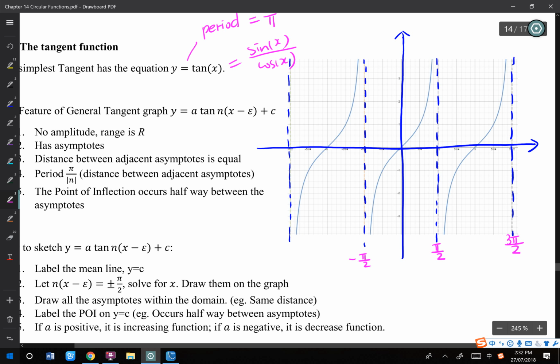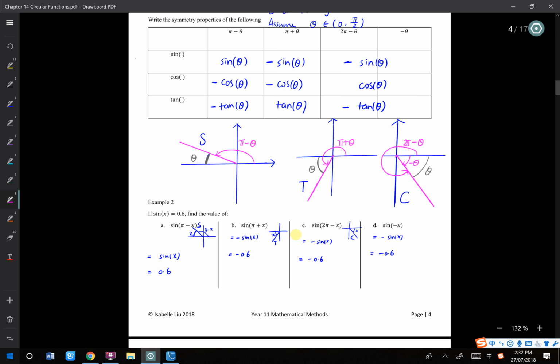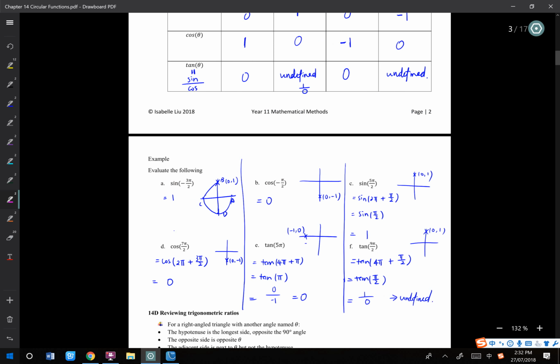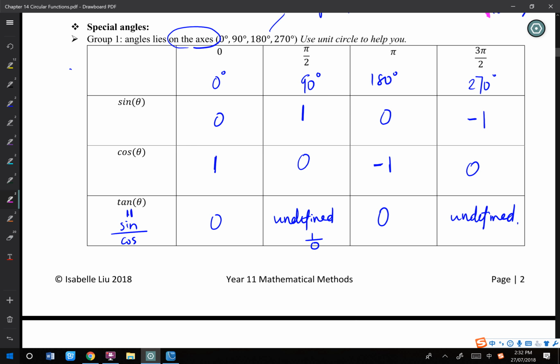If I show you the table, pi on 2 is undefined and 3 pi on 2 is undefined as well, because cosine pi on 2 is 0 and cosine 3 pi on 2 is 0, so those two values give a denominator of 0, therefore tangent is undefined.